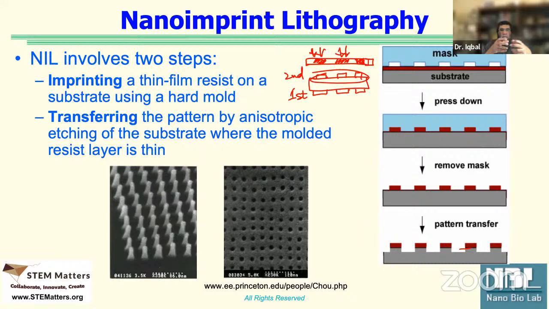So we have used the NIL pattern to go down into the hard substrate and transfer the pattern below, right? So this is where we have transferred from the polymer into the hard surface as well.